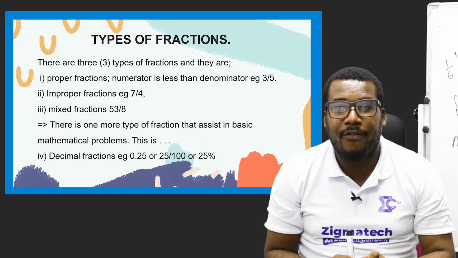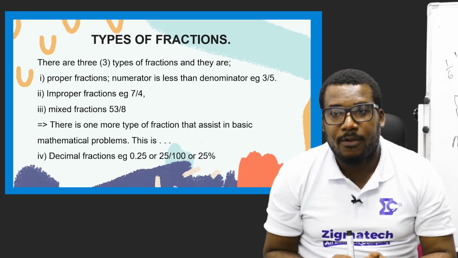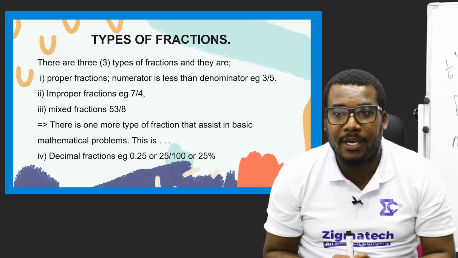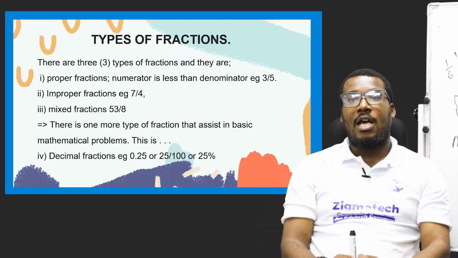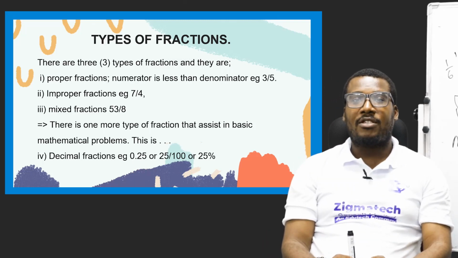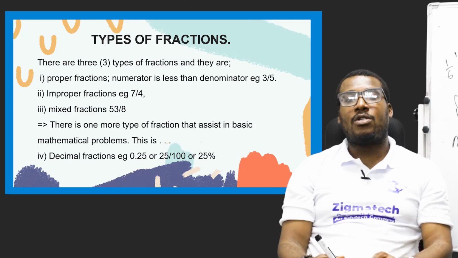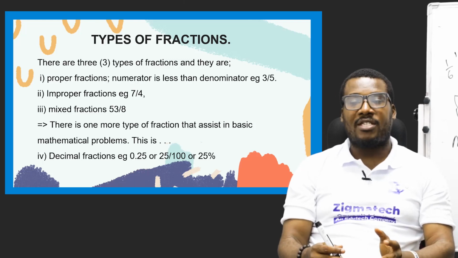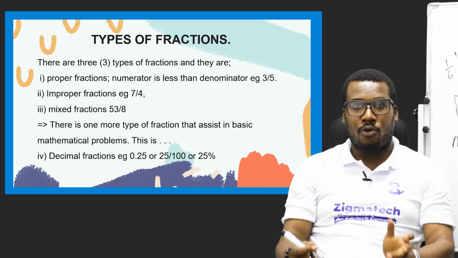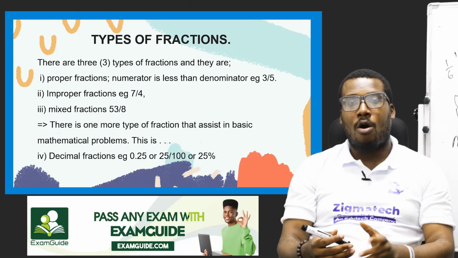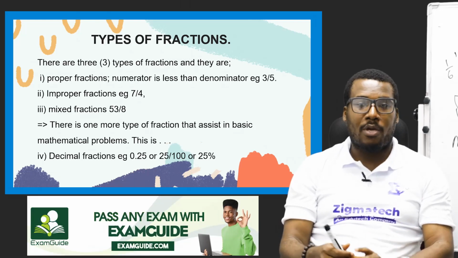And finally, we have mixed fractions. Pardon the error that was made there. It's not 53 over 8. Now, a mixed fraction is a compound kind of fraction, hence the word mixed. Compound is where 2 or more things are coming together.